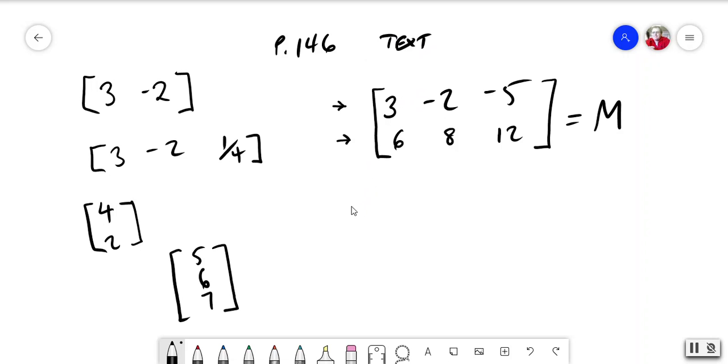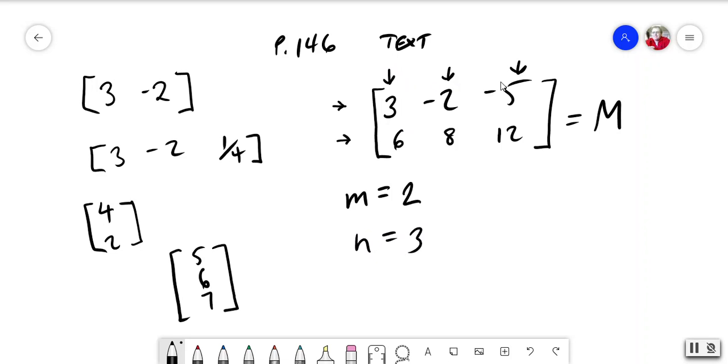So lowercase m is the number of rows. So this matrix has two rows. Here's one row, there's another row, very obviously. And then n is the number of columns. 1, 2, 3 columns.